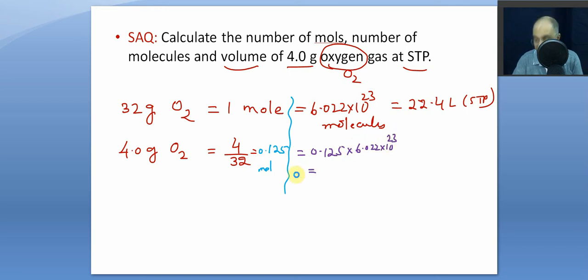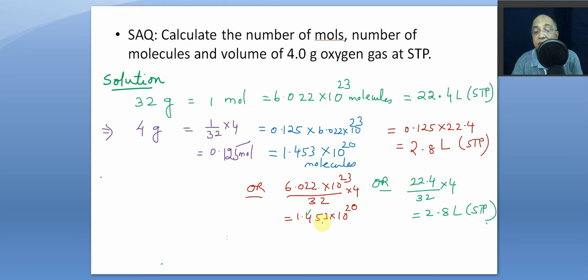I have already done it to save time, in a roundabout way from mass. I have done it first in my way, multiplying the number of moles with Avogadro's constant.